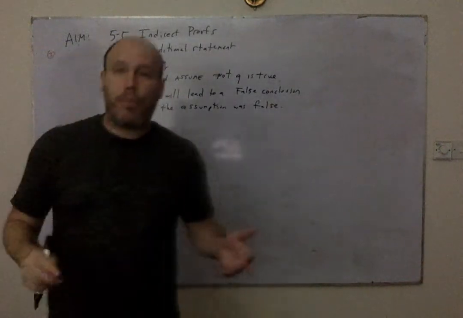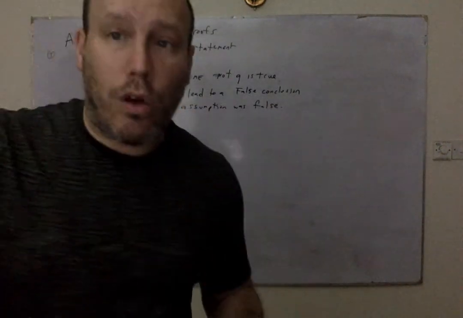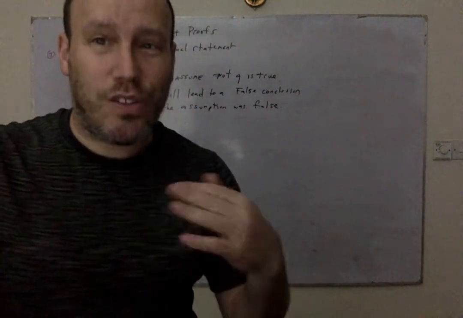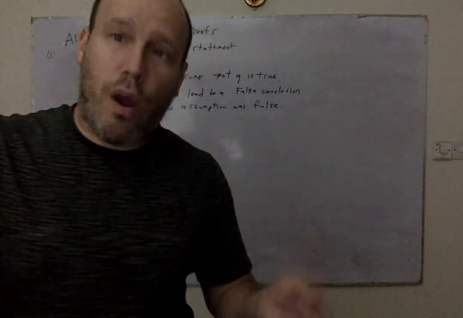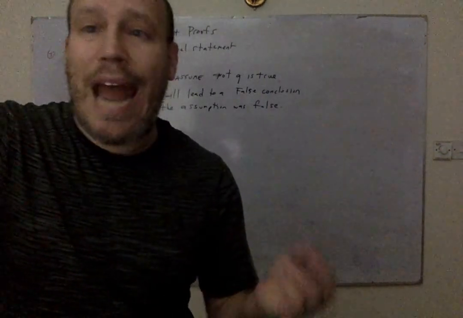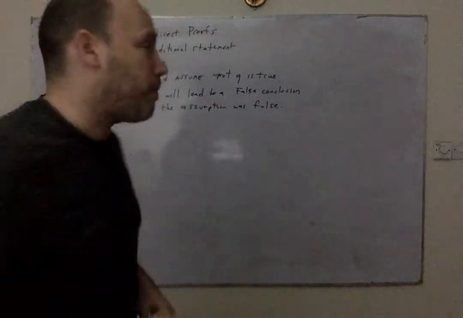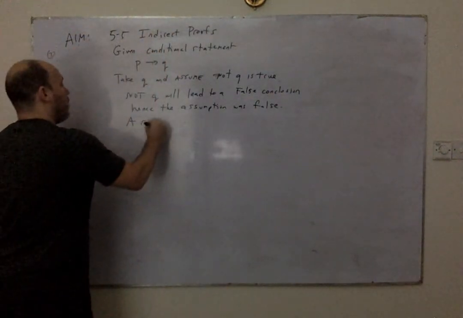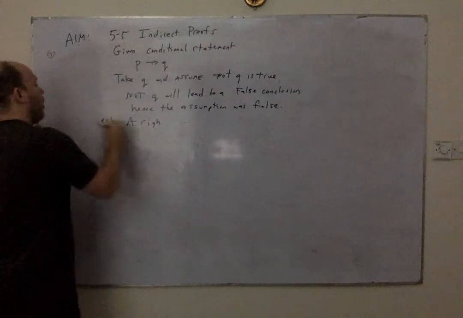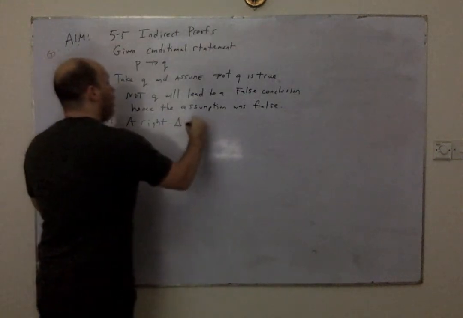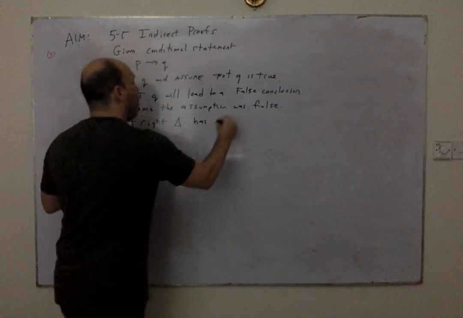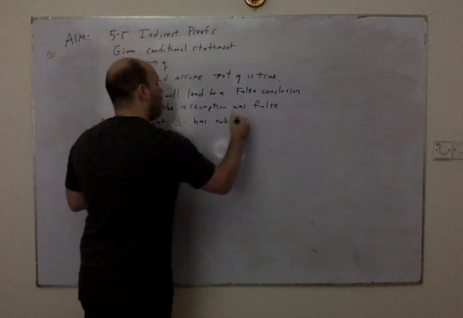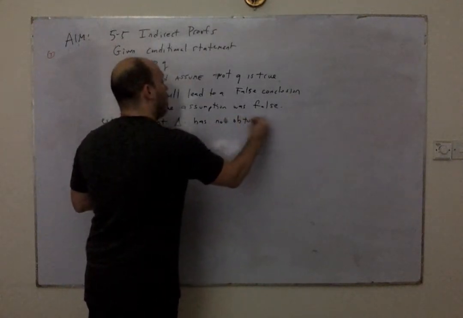Here's an example. Here's the statement: if a triangle is a right triangle, then it has no obtuse angles. Example 1, a right triangle has no obtuse angles.